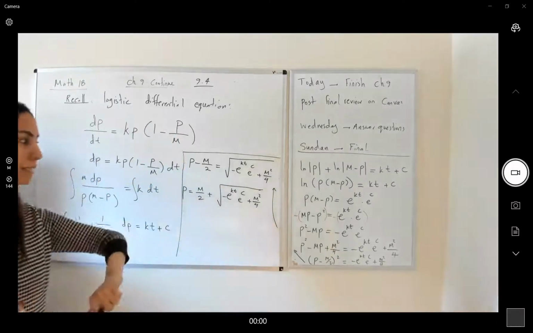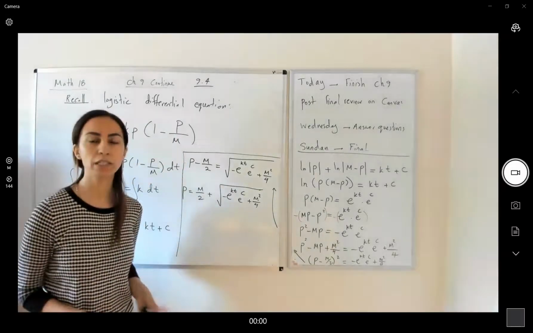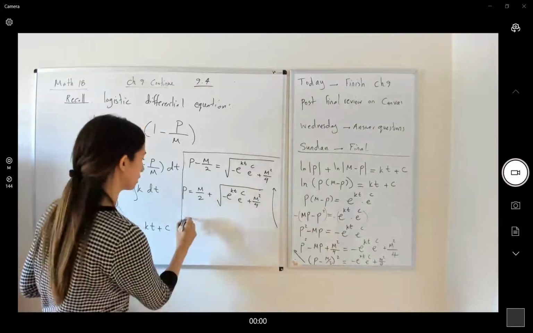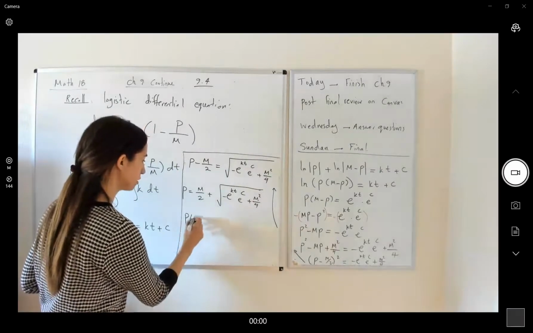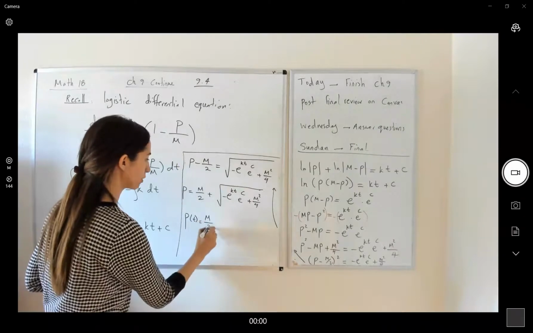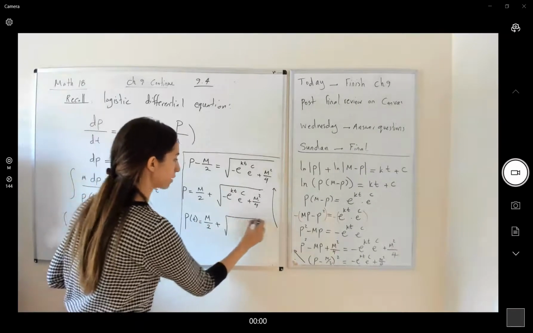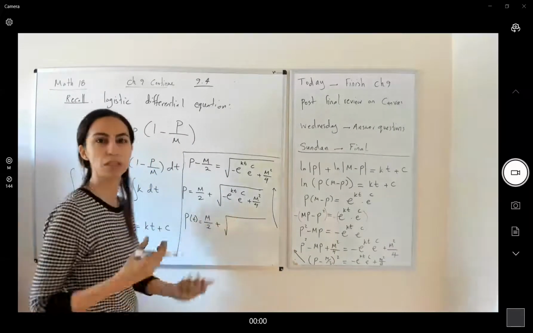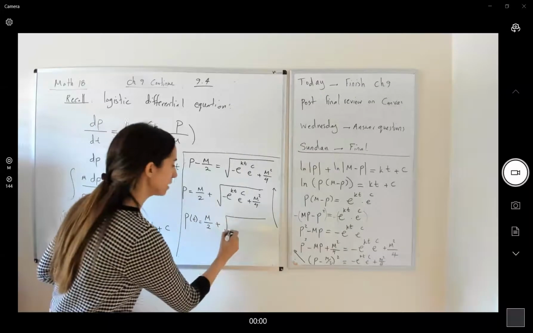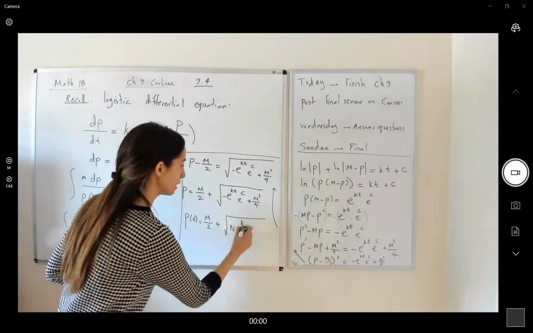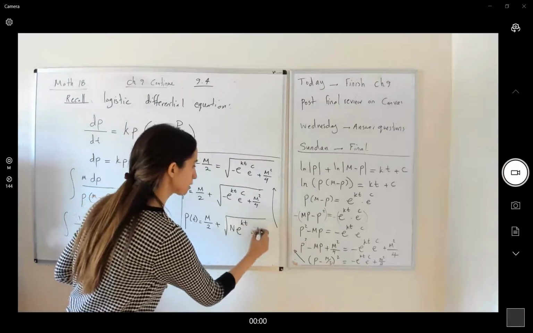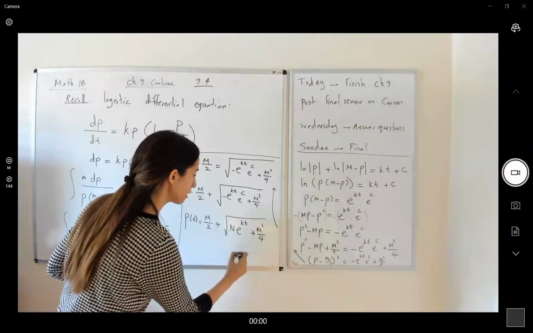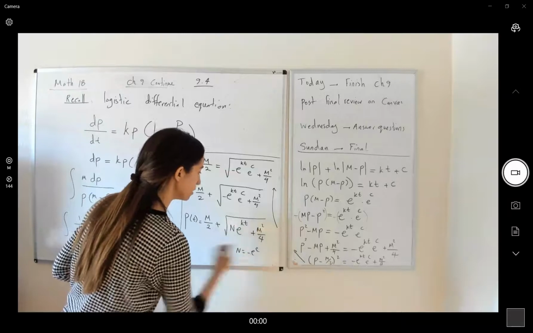Inside the radical, you can use a new variable like N, anything that you like. Your P of t is equal to M over 2 plus the square root of N e to the kt plus M squared over 4, where N is negative e to the C.